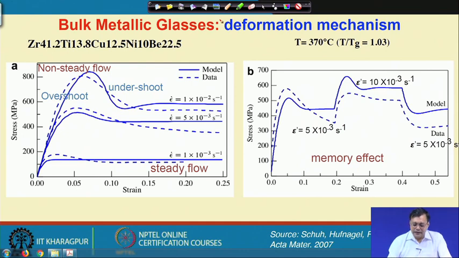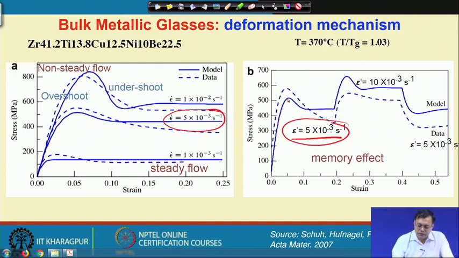Now, let us take the same glass and deform it at this particular strain rate. We see a slight overshoot, and then a steady state is reached here, and now suddenly I change the strain rate.